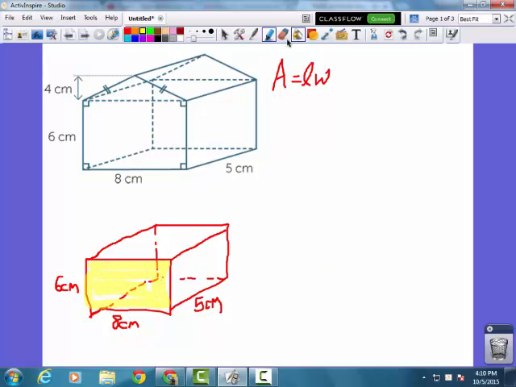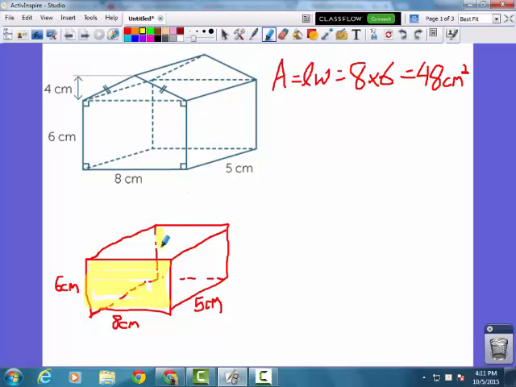Talking about this shape, this side right here on the front, area equals length times width. My length is 8 centimeters, my width is 6 centimeters, so 8 times 6 equals 48 centimeters squared. So that's that side. Now notice that it has a mirror.